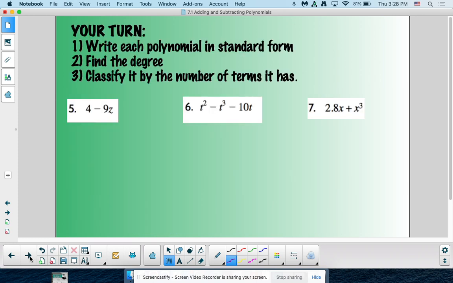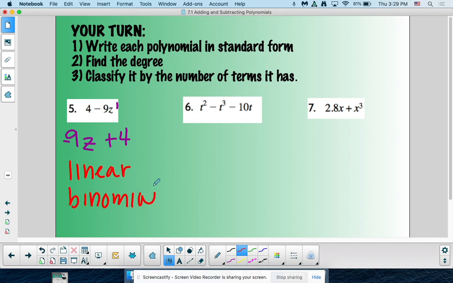Okay, I'm hoping you did it. I am going to go ahead and start on number 5 here. The biggest exponent would be that 1, so it'd be negative 9z. Remember to take that sign with it, plus 4. Since it's to the first power, it's linear. 2 terms makes it binomial. Our next one here, start with your biggest exponent, would be negative t cubed plus t squared minus 10t.